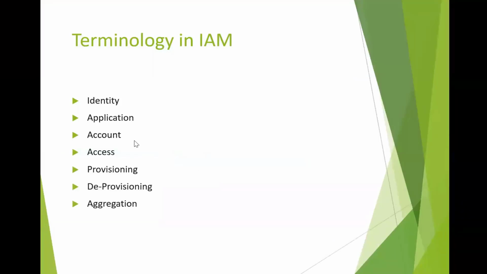Provisioning: when you get an account on the Active Directory system, someone creates that account. That account creation process is called provisioning, and the account deletion process is called deprovisioning. Let's say I join Accenture Global. First I will reach out to the HR team. They will register me and provide me an employee ID.